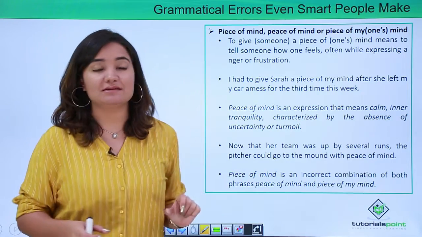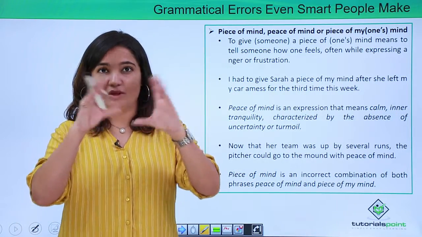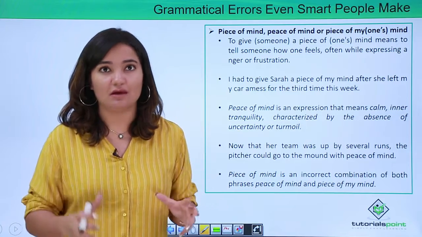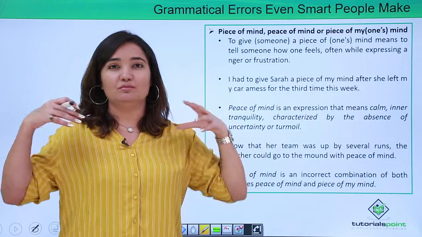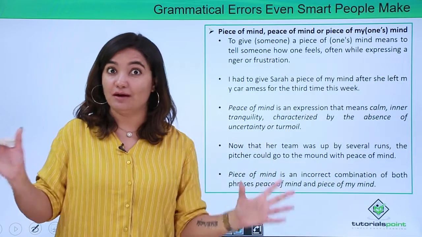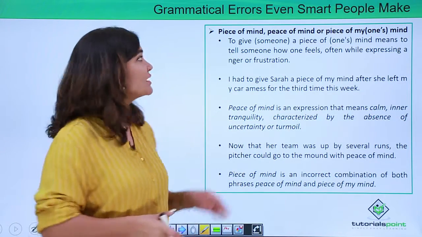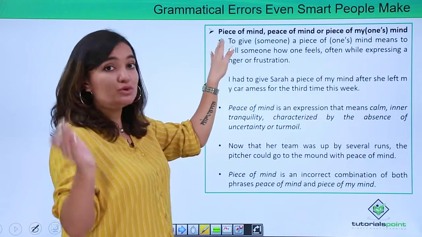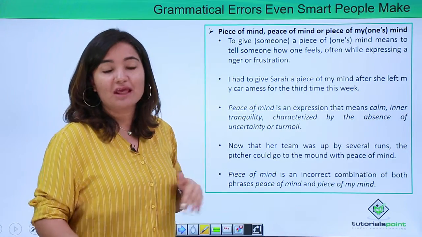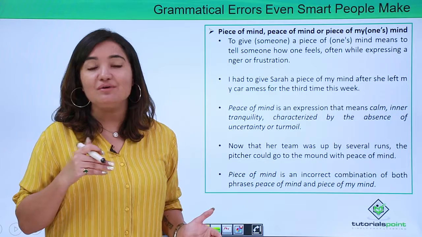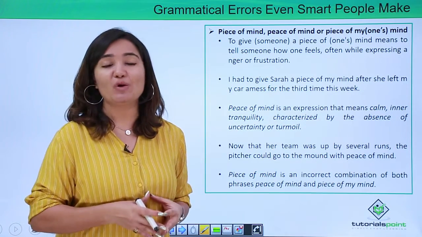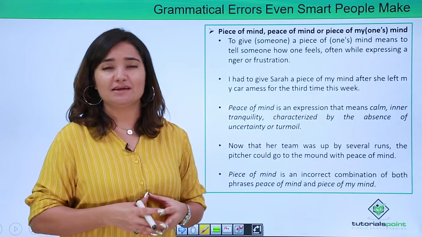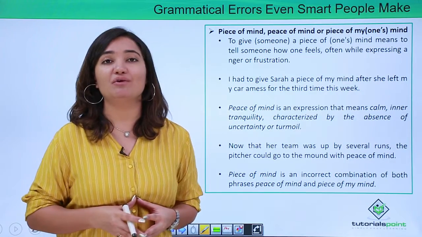This piece means a piece or a section of any particular thing, whereas this peace means tranquility, nirvana, or something like that, right? But usually, because they sound the same, we might end up writing the wrong spellings, or for that matter we also might end up using the wrong expression in the wrong context.